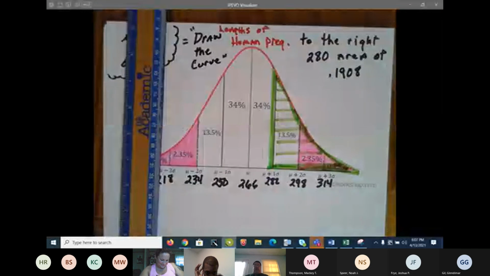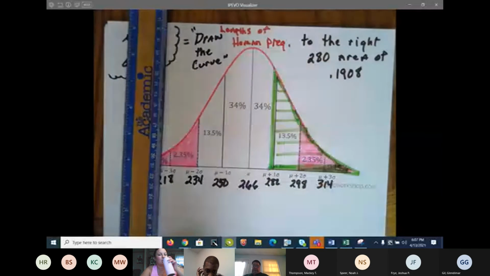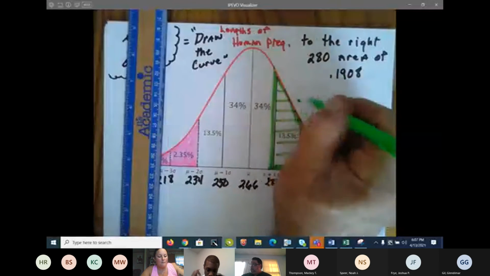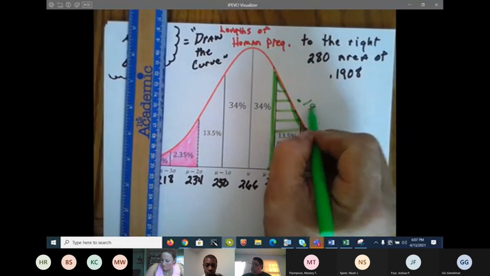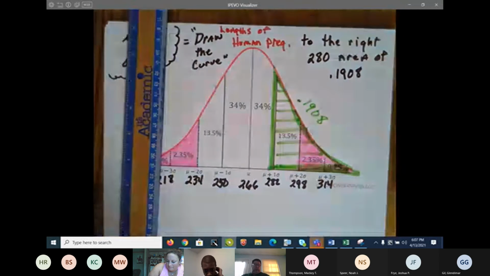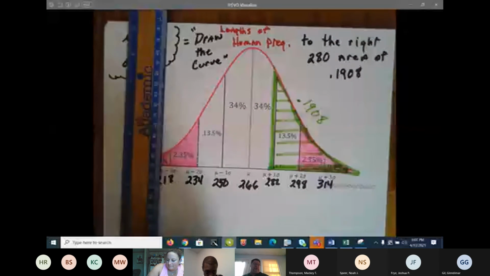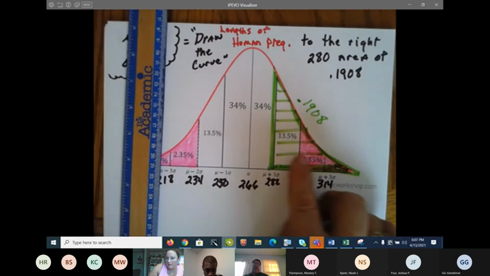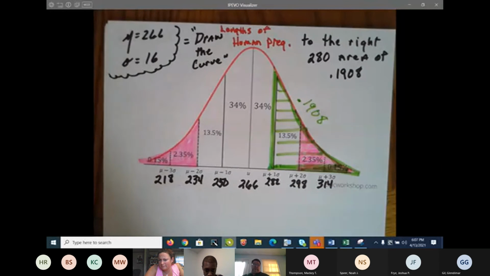All right, so there is 0.1908. Okay, now I want y'all to think of several ways to describe that green area. And I want you to put it in context to the question that's been asked.